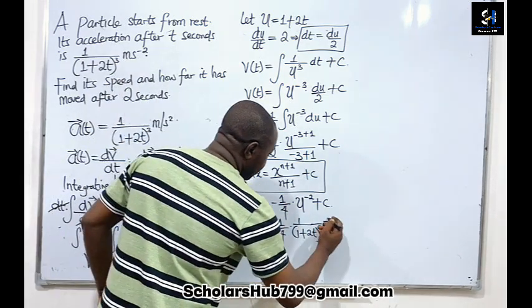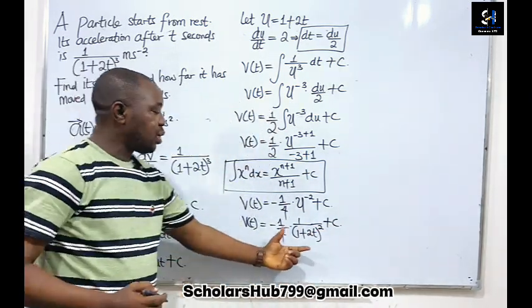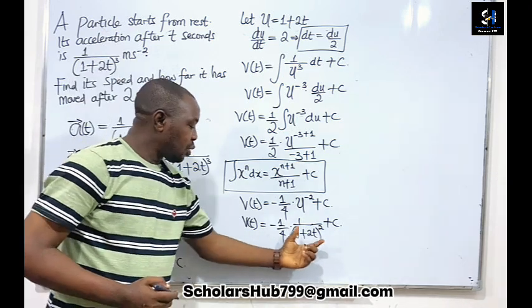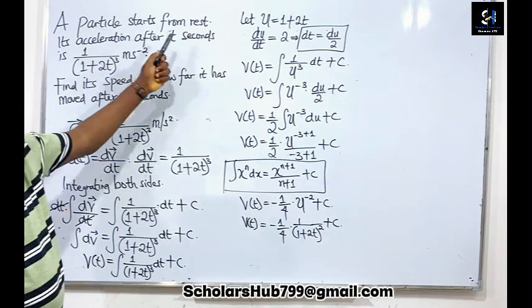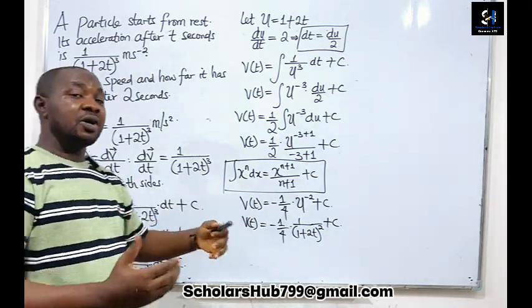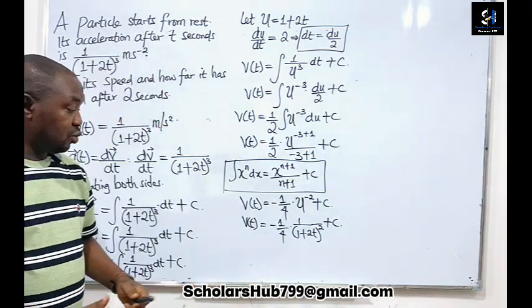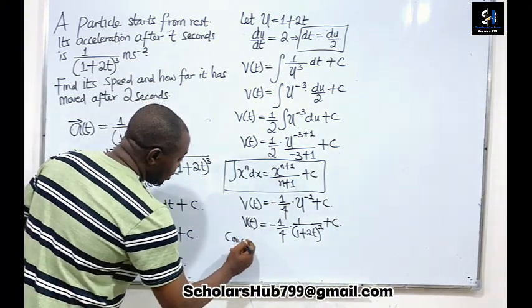Then plus c. So now this is where I will consider the initial value condition, because the particle starts from rest. So it means that the initial velocity will be equal to 0.